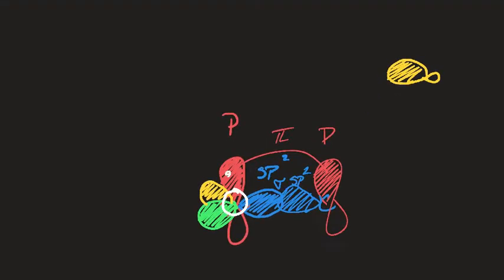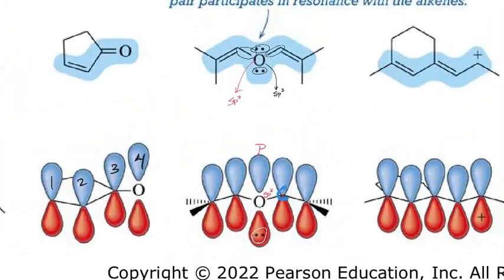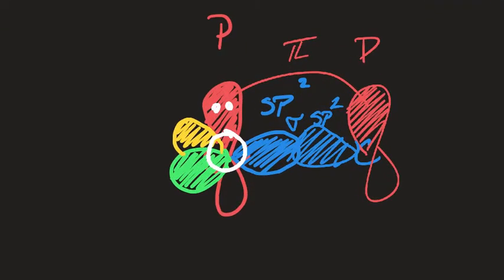So there are electrons in there. But what's not shown is the second lone pair. There's two of them. So we'll put a lone pair in the green one. Doesn't really matter. But then we have another carbon over here that's also going to be sp2 hybridized.